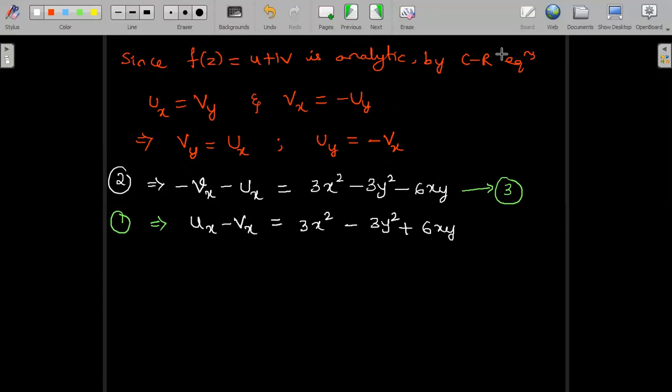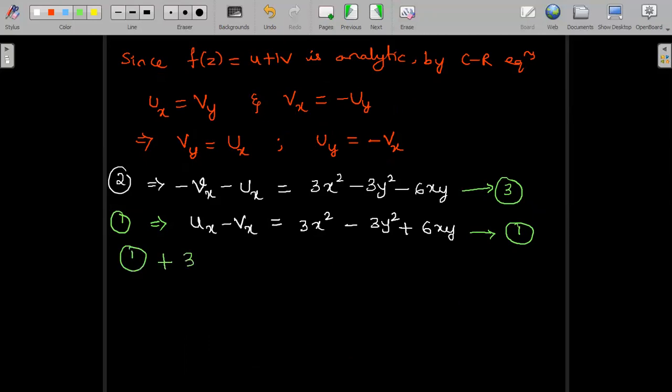So this was our equation 1 for us. So now what is helpful? We can solve equation 1 and 3 simultaneously. First we can add up these two to obtain an expression for Vx, and then when we subtract these two we can obtain an expression for Ux. Okay, so let us first add 1 and 3.